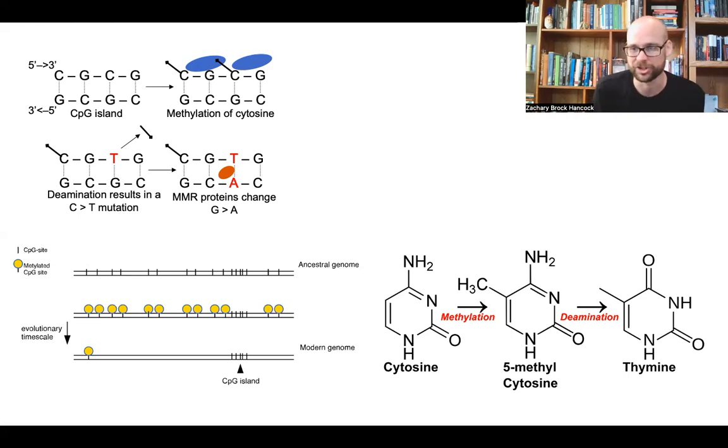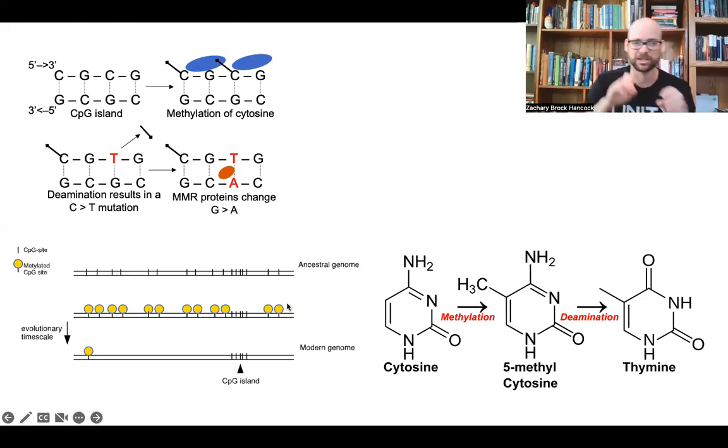Hopefully you kind of followed the general logic there, but this leads to some pretty interesting patterns in especially vertebrate genomes. So if you imagine some ancestral genome, shown here, where each one of these little dashed bars represent CpG sites. Then over time, what happens is these little yellow circles, these are the methylated CpG sites.